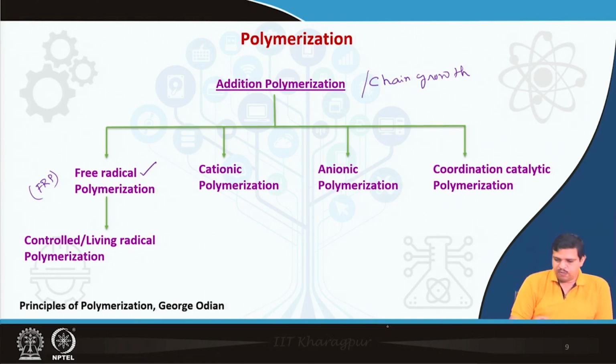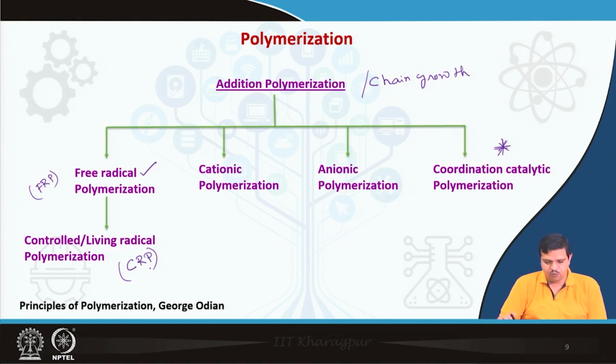Then coordination catalyst polymerization, that is basically our aim in this course, and free radical polymerizations have recently developed into controlled radical polymerization, CRP. So, I will try to give a very brief overview of the different addition polymerizations.